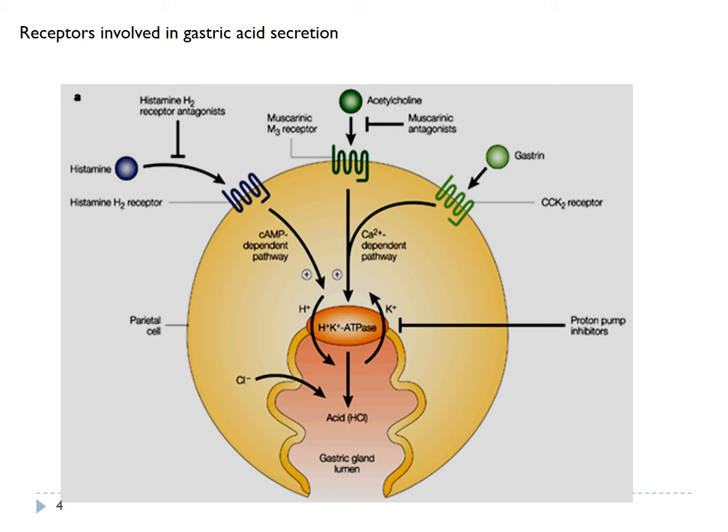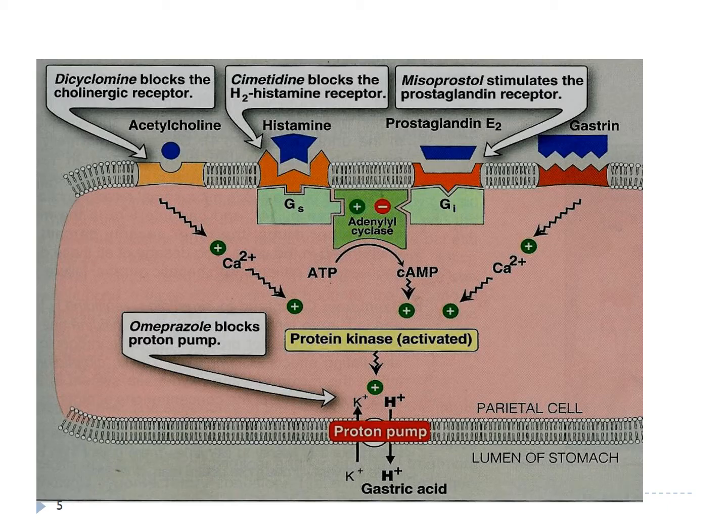So here we are going to see the last step inhibitors, that is the proton pump inhibitors, as anti-secretory or anti-peptic ulcer agents. This slide shows the various antagonists and agonists which are used in peptic ulcer conditions or hyperacidic conditions.